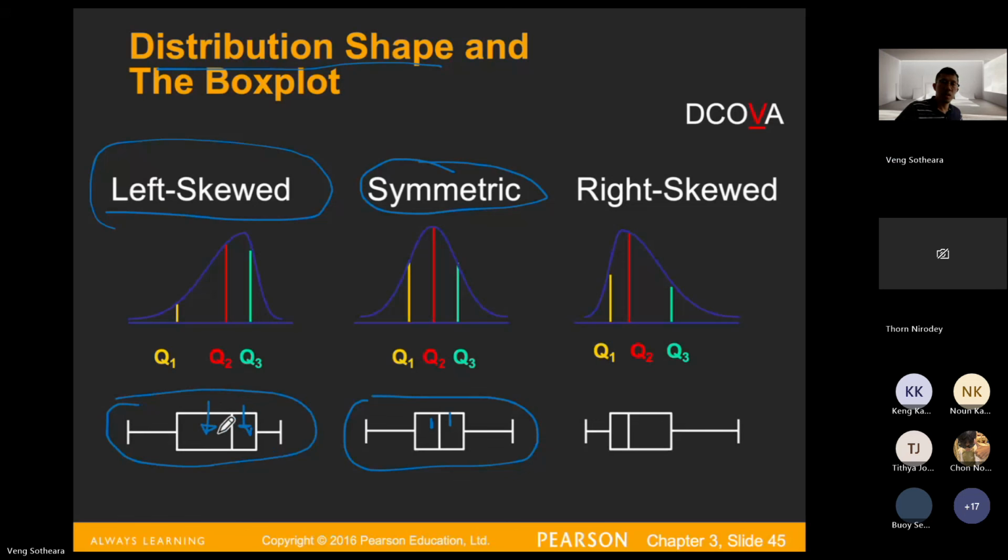So anyone please tell me, how much of the data set is inside this room? What is the percentage of the data set inside this room? Please help me.